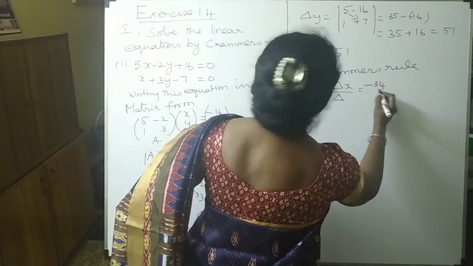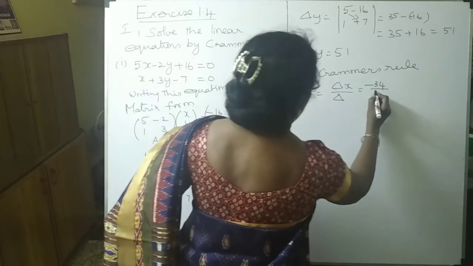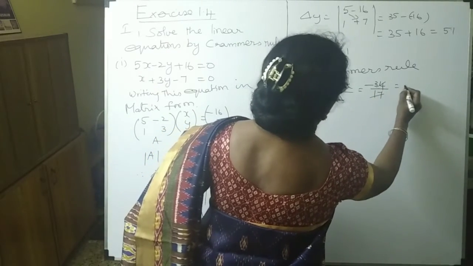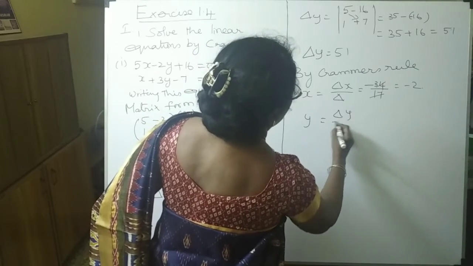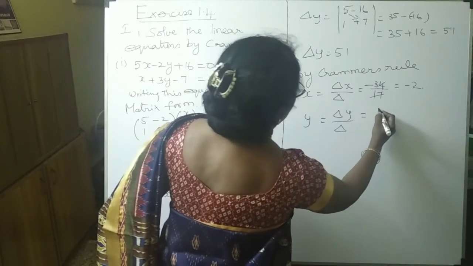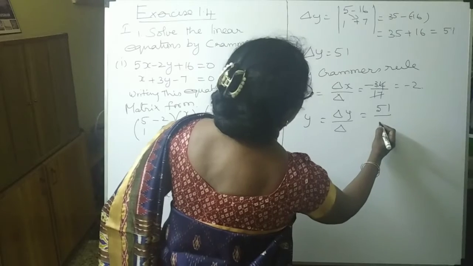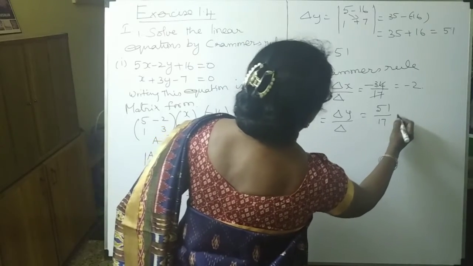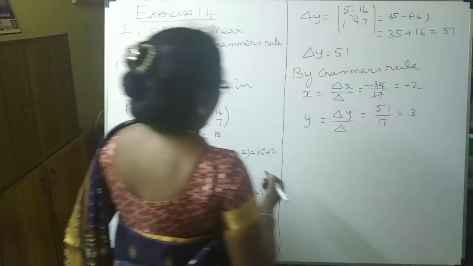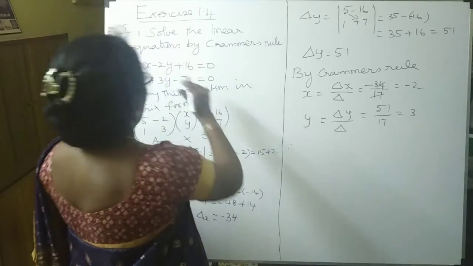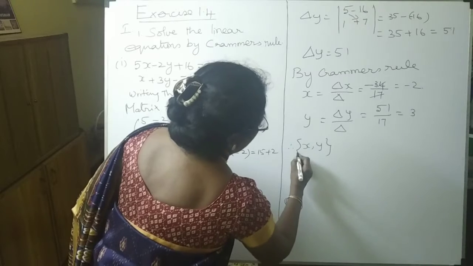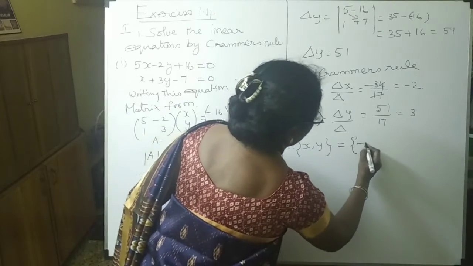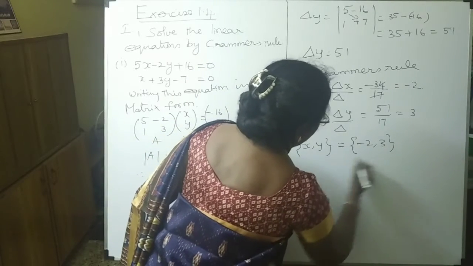Minus 34 divided by 17 is equal to minus 2. y is equal to delta y by delta, which is equal to 51 by 17, which is equal to 3. Therefore, the solution set x comma y is equal to minus 2 comma 3.